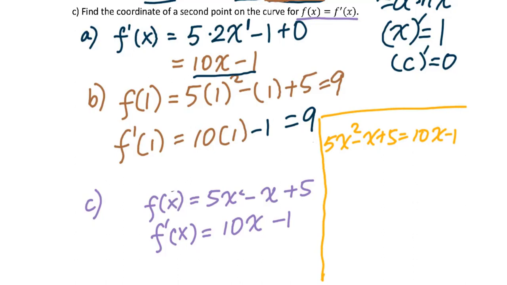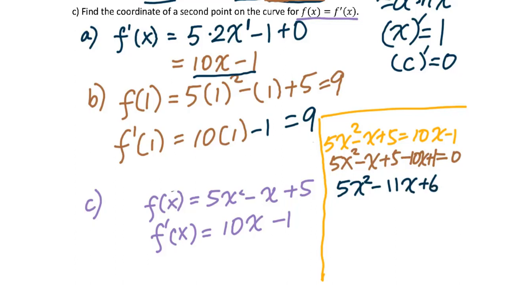Therefore, this is a quadratic equation. Move everything to the left side, remember to change the sign, so it equals 0: 5x squared minus x plus 5 minus 10x plus 1. Combine like terms: 5x squared minus 11x plus 6 equals 0.